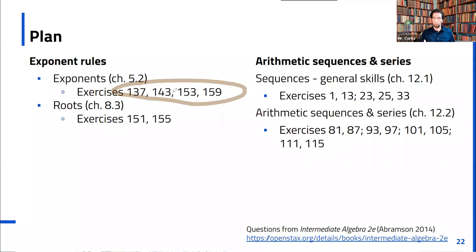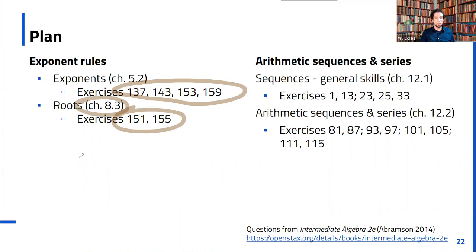The questions we did combined a bunch of those rules. So make sure you practice questions like these ones, where you use multiple rules together and see how they connect with each other. Also being able to work with roots, like fractional exponents, square roots, cube roots, etc.